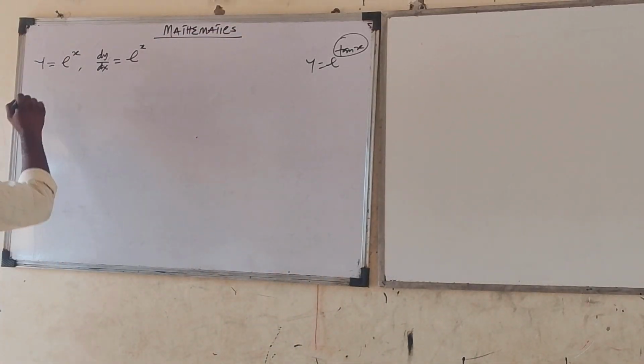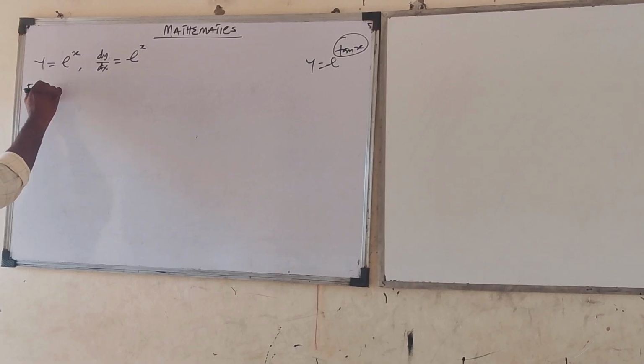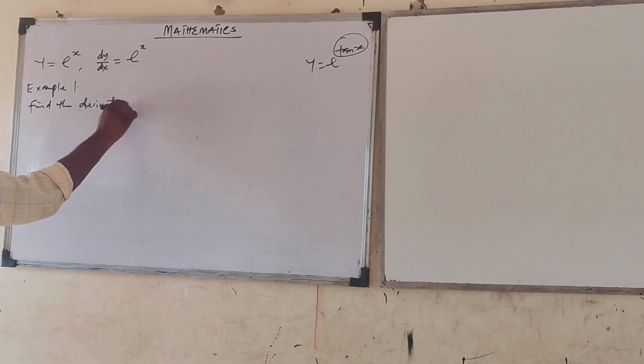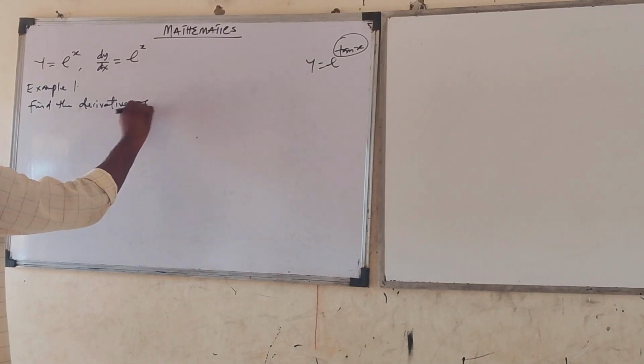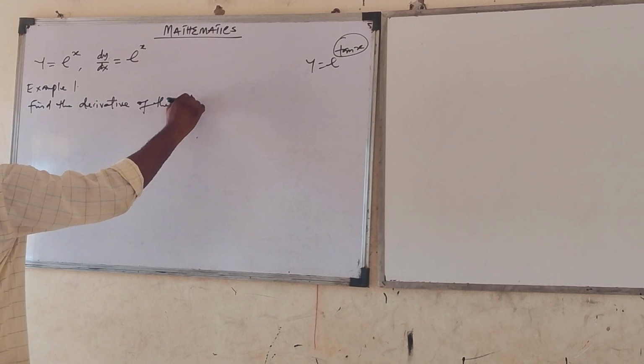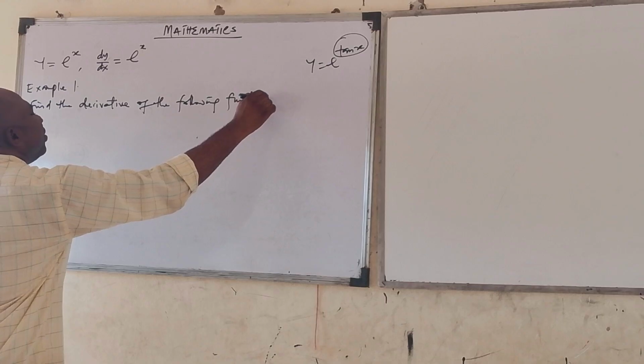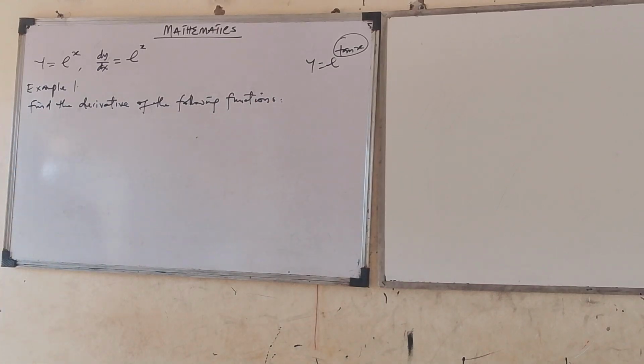Okay, now example 1. Find the derivative of the following functions. Now A, we have y is equal to e raised to the power of tan x.